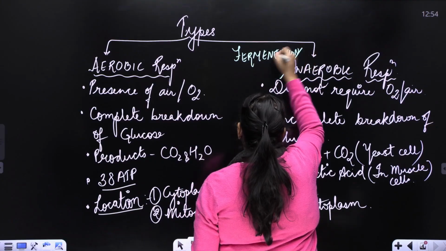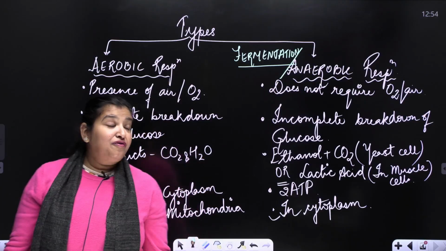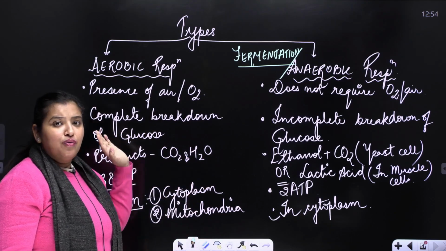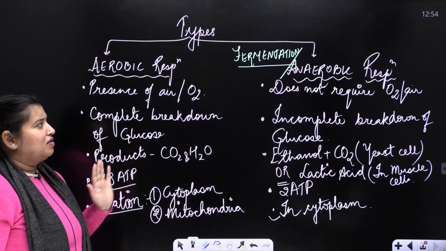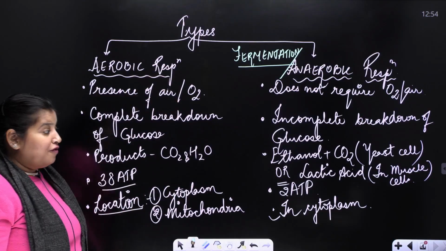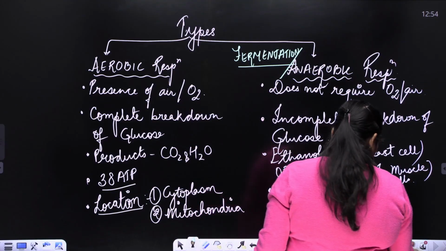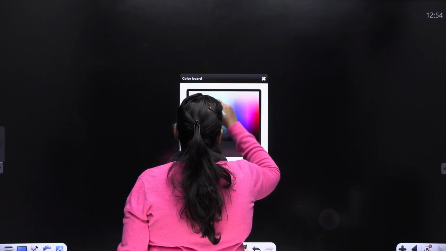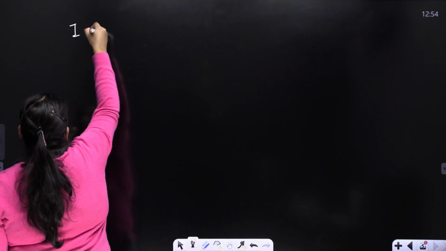We will take up again one by one, but here are the basic differences on the screen that you can note down, and if you can write even in your exams in the same way, that these are the basic differences. All right. Now, anaerobic respiration is also known as fermentation. Now, let us quickly move to the next part, which is the definition of aerobic respiration.